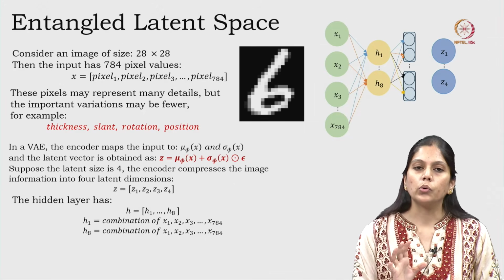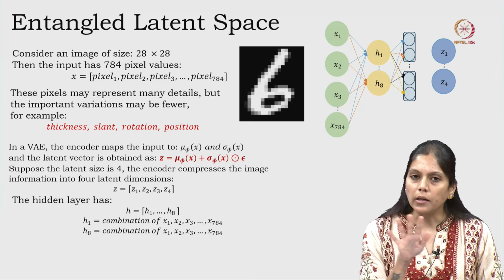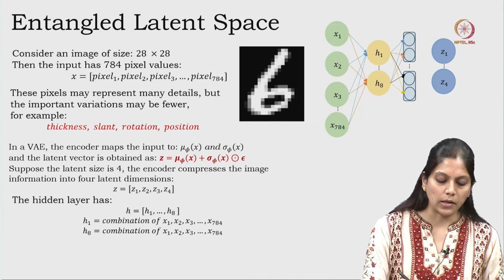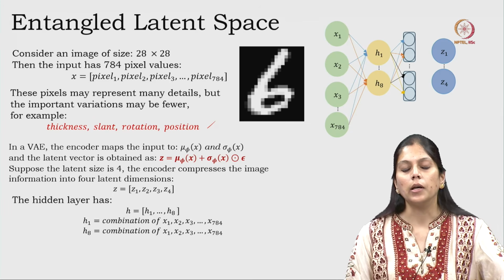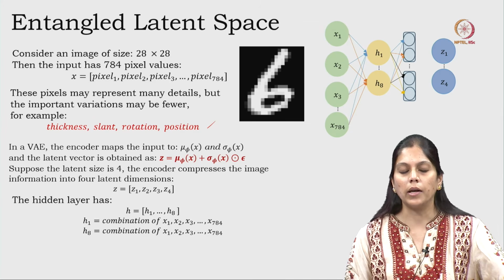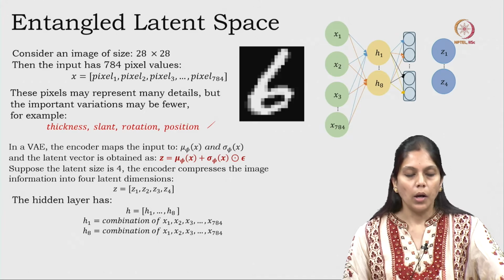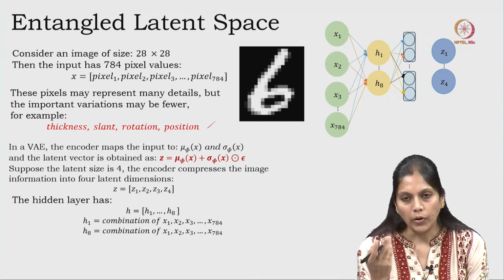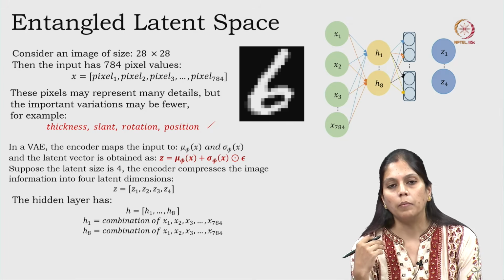Now, let us assume those important variations are these four. What are those four? The thickness, slant, rotation and then the position. These are the four variations that we have. Now, what is it that we are doing? In VAE, we are discussing all about the VAE model.